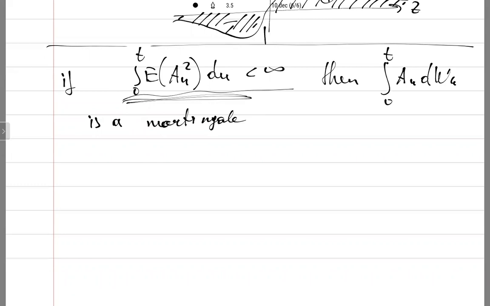My introduction is not rigorous because when we derived the integral from 0 to t of W_u dW_u, we subdivided the time interval into n equal intervals.